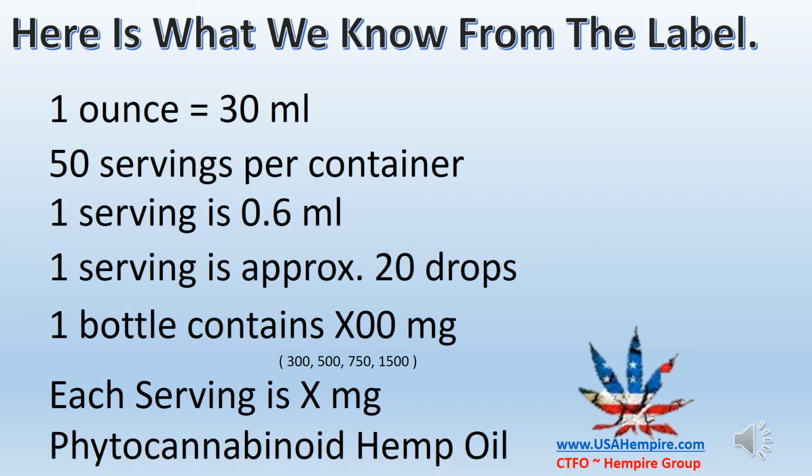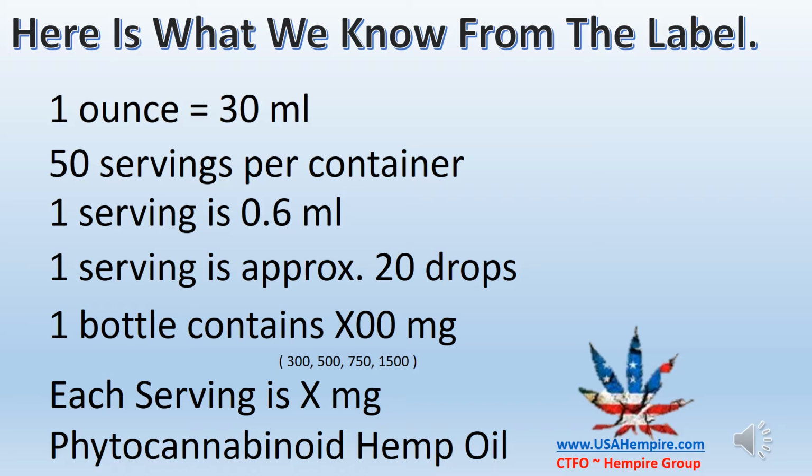Here's what we know from the labels on our CTFO hemp oil bottles. We know that the bottle is 1 ounce, which is equal to a 30 milliliter bottle. We know that there are 50 servings per bottle, per container. We also know, reading the label, it says 1 serving is 0.6 milliliter.